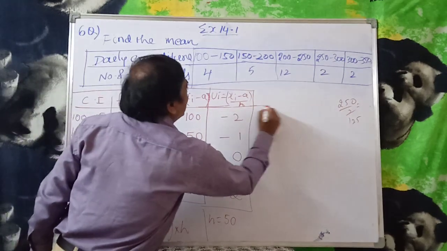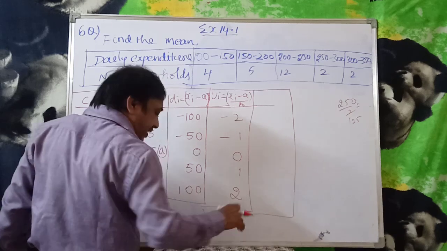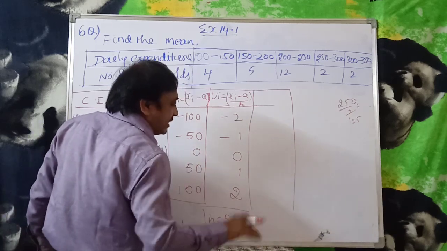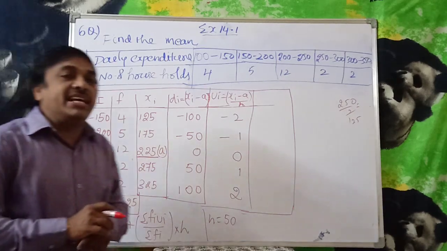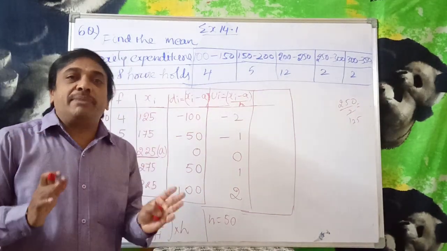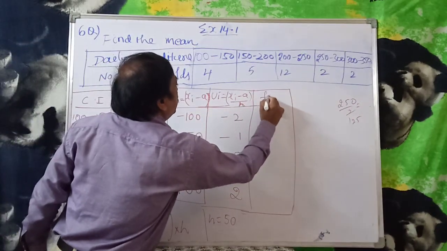Now after this, the last column required for this method. Which method are we using? Mean by step deviation. What is the method name? Step deviation. So now Fi ui.